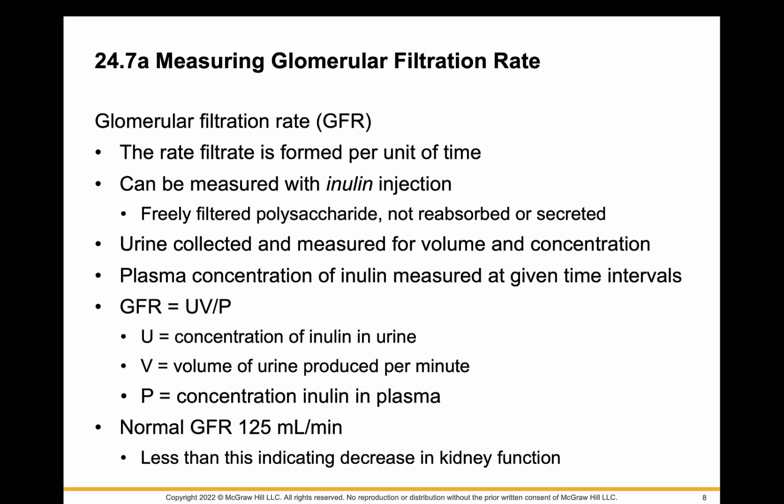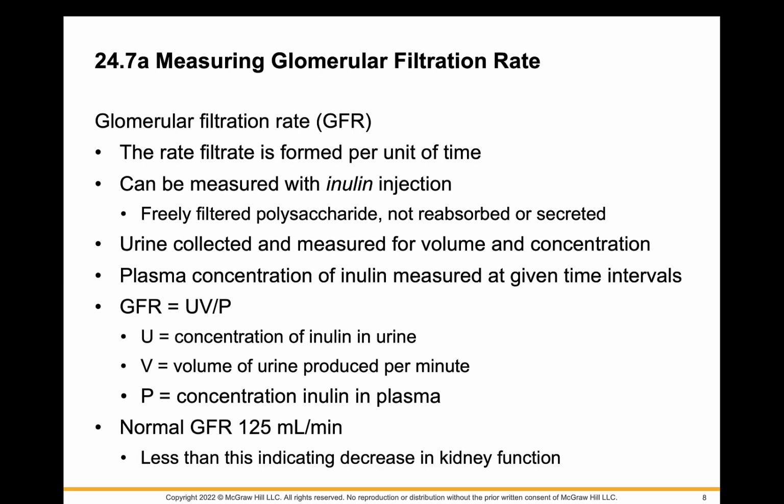This is something that is a freely filtered polysaccharide, but the important thing about this is it is not reabsorbed or secreted. So urine will be collected and measured for the volume and concentration of inulin. Now, plasma concentration of inulin measured at given time intervals is going to give us glomerular filtration rate.